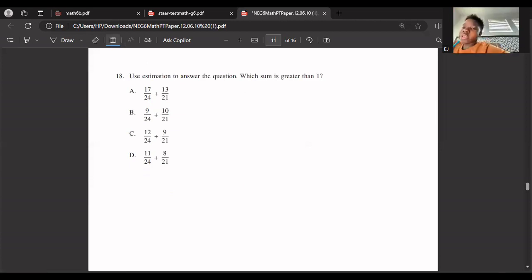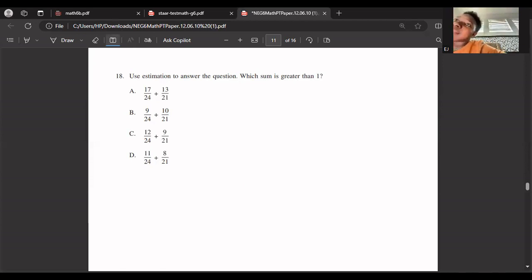That's a lot harder than I expected. A lot harder than you expected? Yes. Okay, remember what we said about estimate. Estimate is something close to the answer, not quite the exact value. I'll give you this clue. Check each fraction. Which of the options has both fractions greater than 0.5? That should be the answer, because by the time you add them, the sum should be greater than 1.